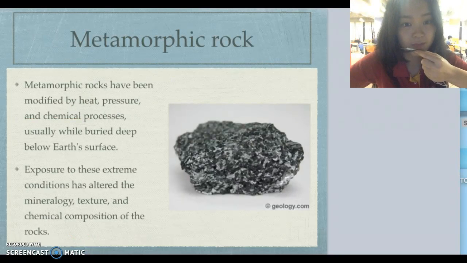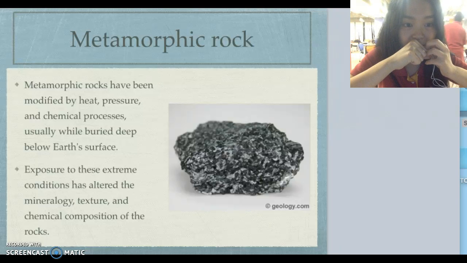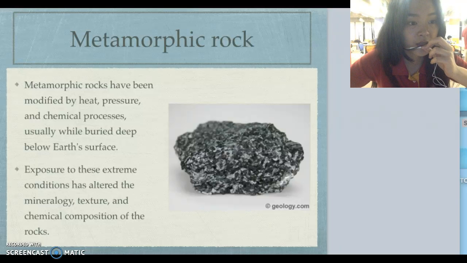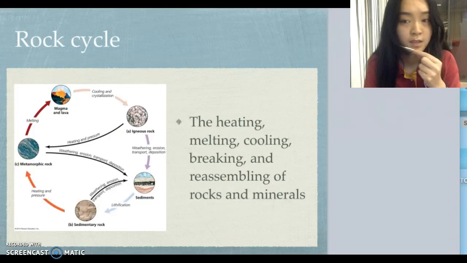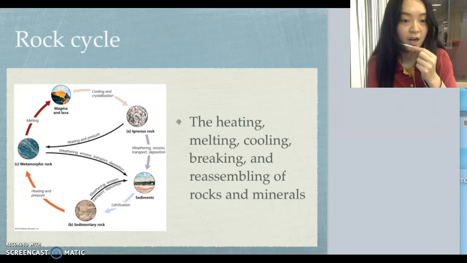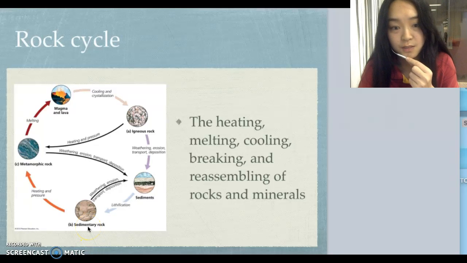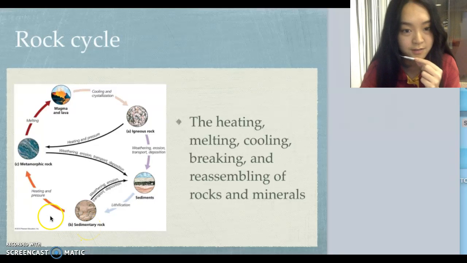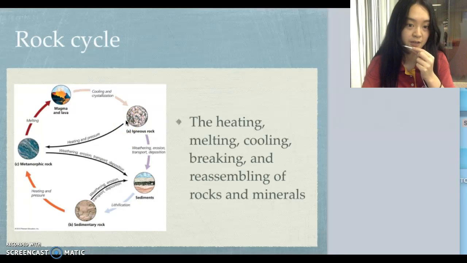So the last one, metamorphic rock. Metamorphic rock has been modified by heat, pressure, and chemical processes. We can see the metamorphic rock can come from sedimentary rock through heating or pressure, or igneous rocks through heating and pressure.